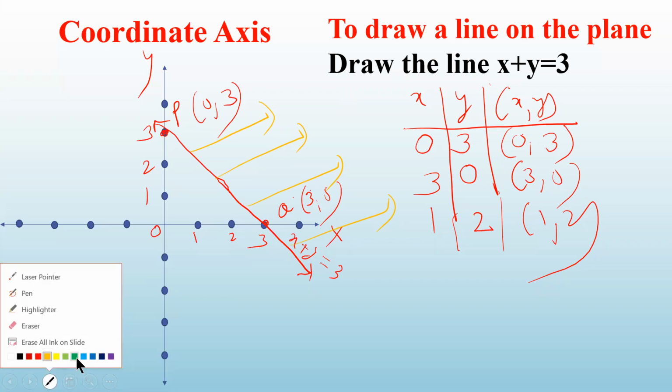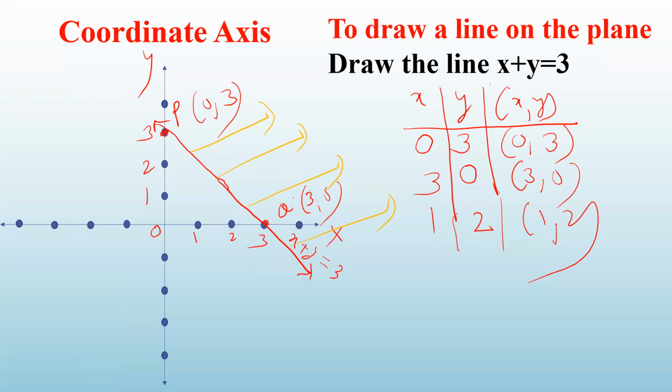And then the third part is the part which is below this line. Correct? So the points which are on the line, you take any point on this line and add their x coordinate and y coordinate. You are going to get 3.